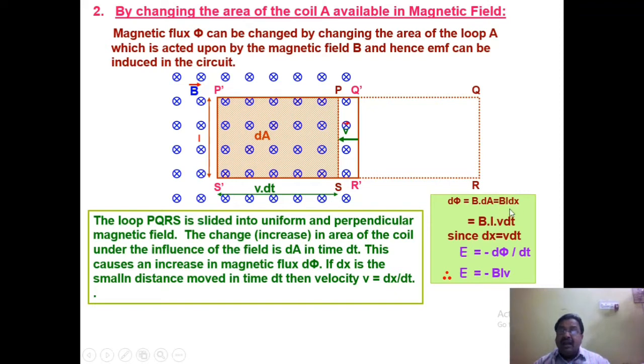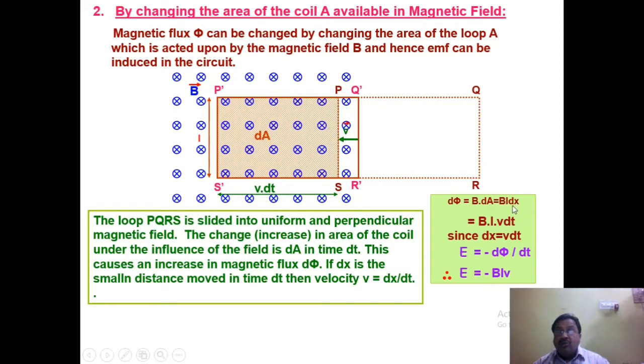Here dA is length into dx. This is the length L, and the new position is represented by P prime, Q prime, R prime, S prime, while the initial position is P, Q, R, S. So SR prime or PQ prime is dx, and the increase in area dA equals L dx.